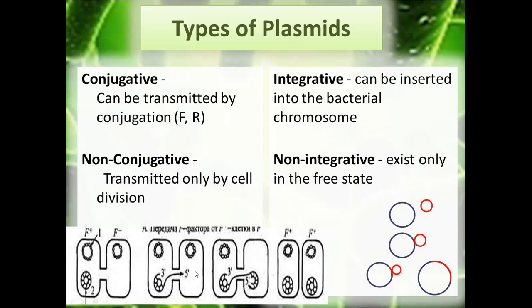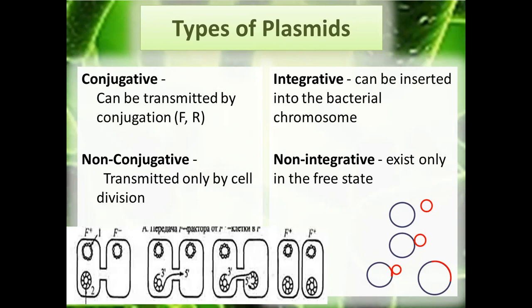You know that the DNA molecule is a double helix, and one thread of DNA is transmitted to the recipient cell, but the other stays in the donor cell. As a result, both cells possess this plasmid. Due to this process, plasmids of antibiotic resistance spread very fast in bacterial populations.